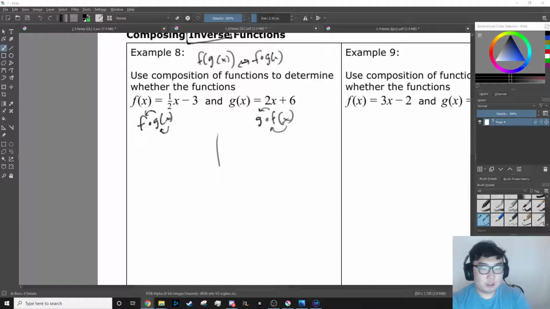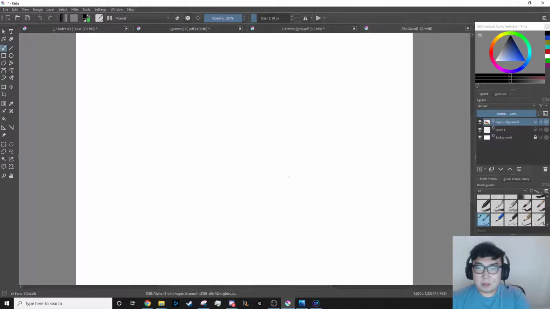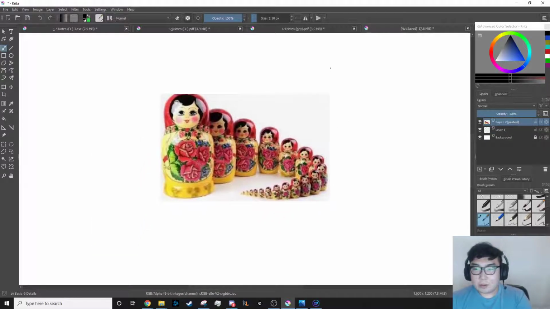And I want to start with a story. When we talk about this picture right here, if you haven't seen these before, what you do is you get the smallest one and then you keep putting them into the bigger one, and it keeps going into levels and levels, until you eventually just leave with just this doll.